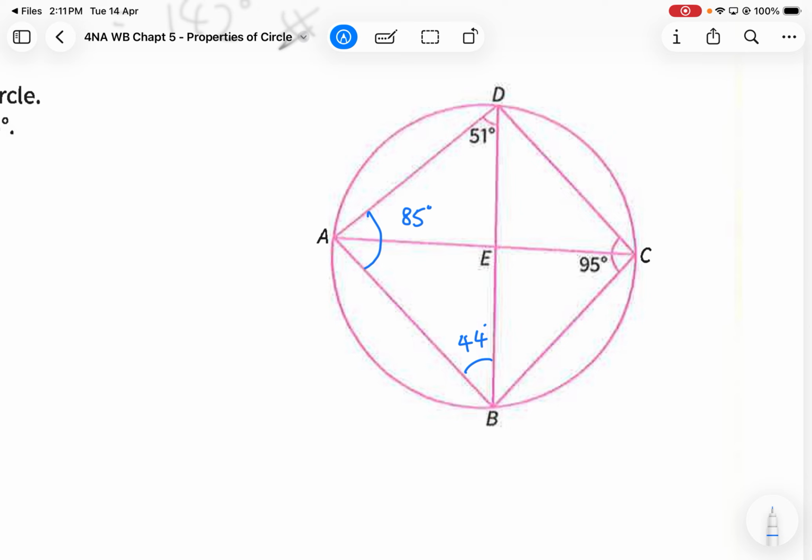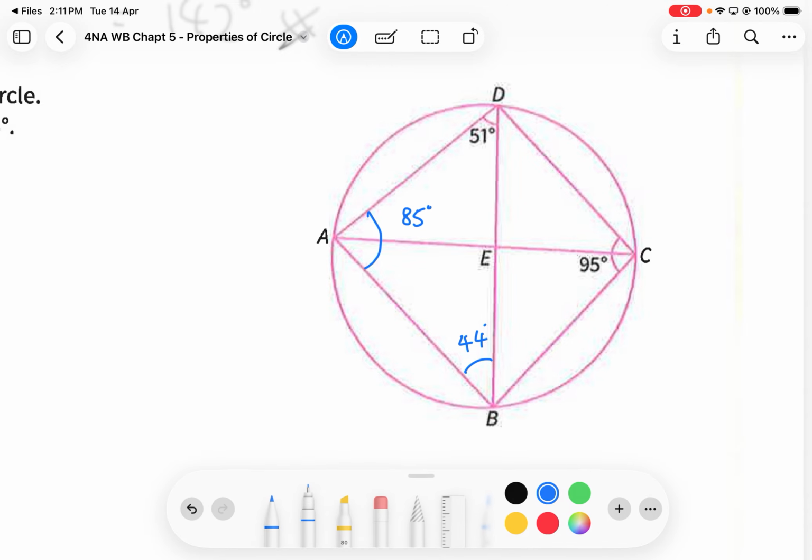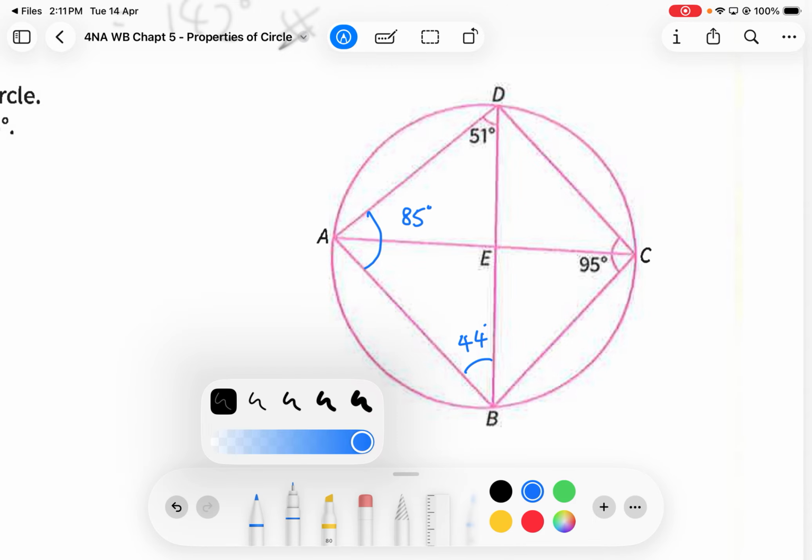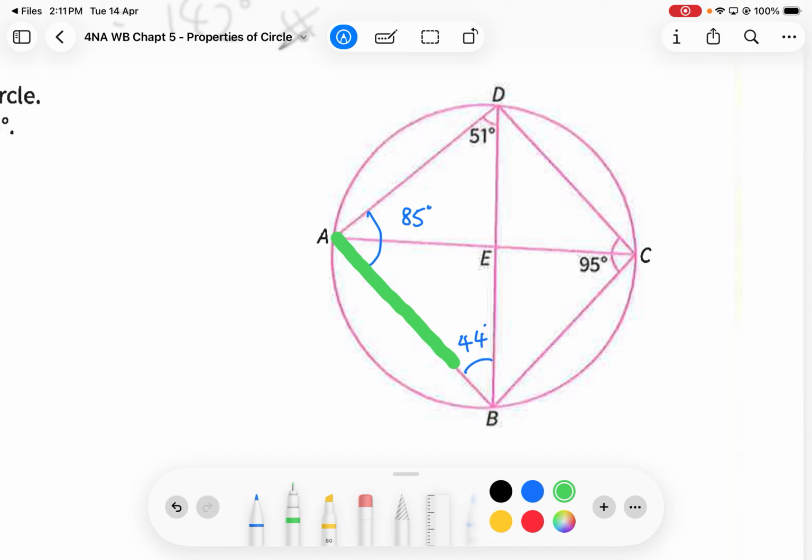okay, if this one is 44, A, D, this is the chord, they touch this angle at 44, means here joins to the other side of the circumference. I draw out. Okay, so A joins to B like that.